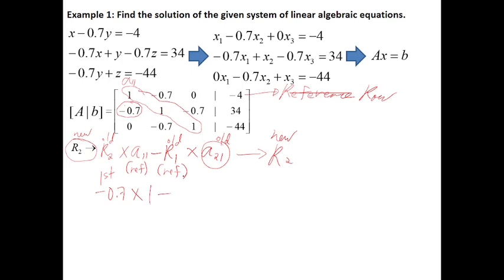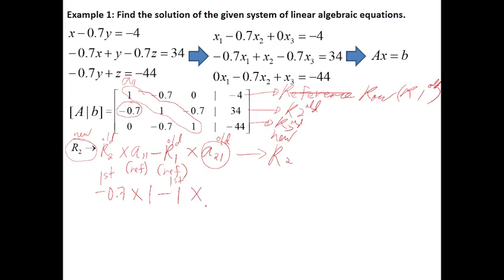Minus R1, first element. What's the first element? First element is A11, right? This is row 1, this is row 2, this is row 3. These are the original or old elements. So we have R1 old, that is the first element, that is 1, that is A11.